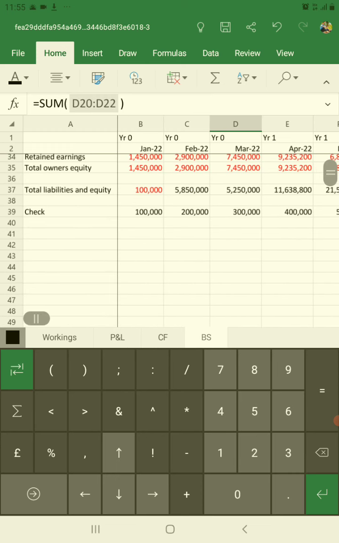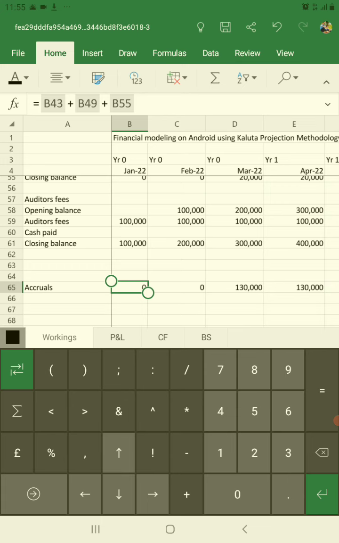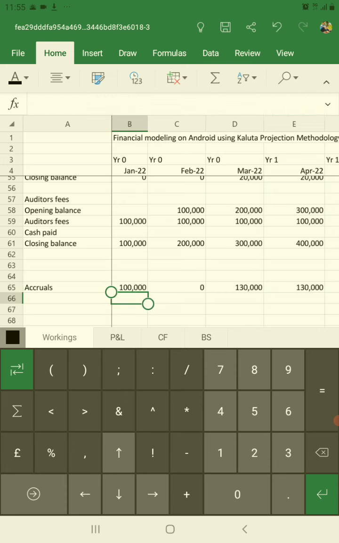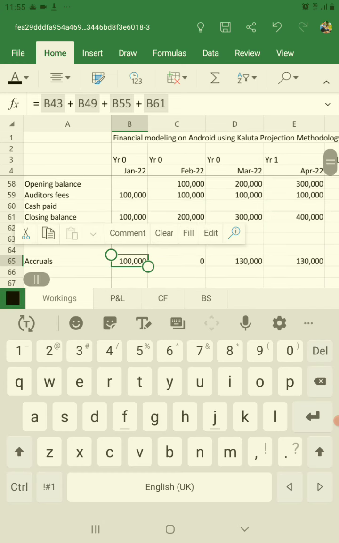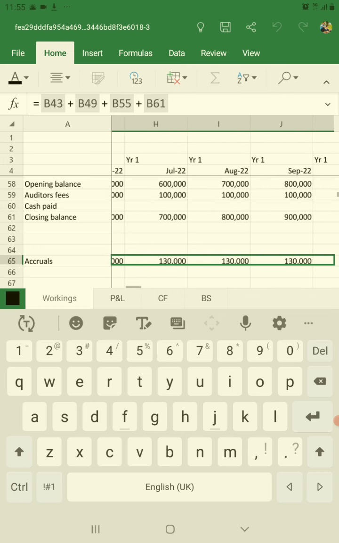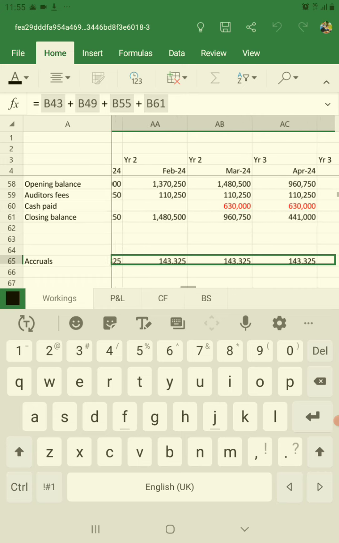And what I need to do is, on working side, on the accrual now here, on the total for accrual, I should add closing balance for auditor's fee. So plus this closing balance for auditor's fees, enter, and then drag this formula to the rest, and after that then my balance sheet should balance.